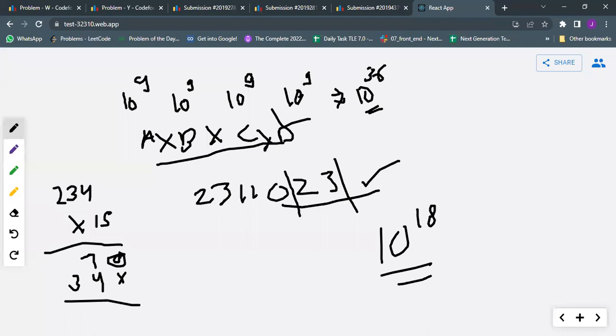We only care about the last 2 digits, right? Whatever it is, 3510. Okay. So we only care about the last 2 digits, right? We don't care about the rest of them. So the last 2 digits can be found by just using the last 2 digits of our numbers.